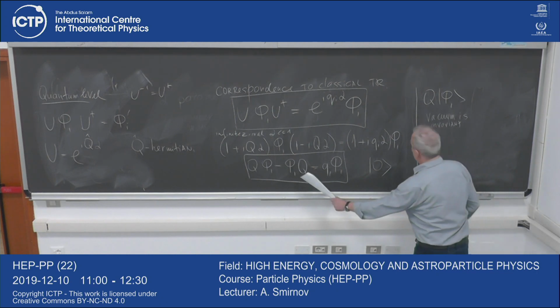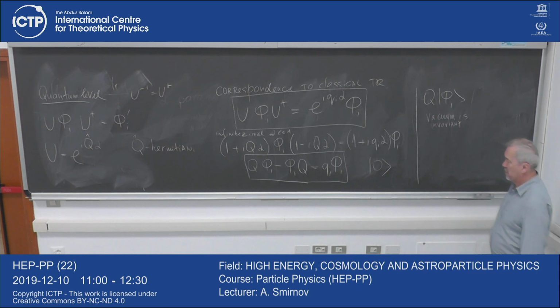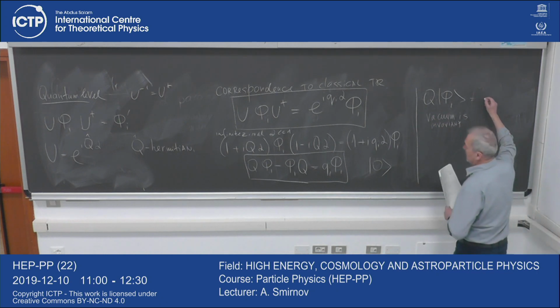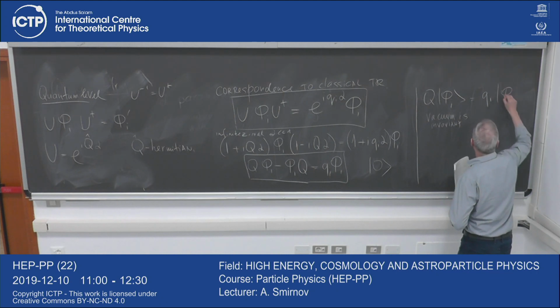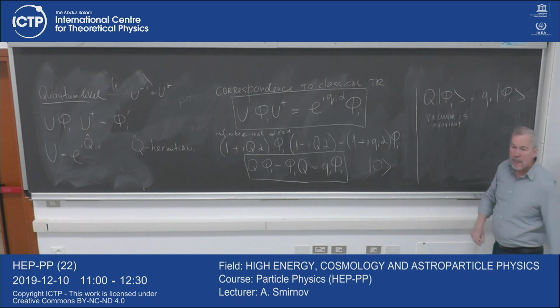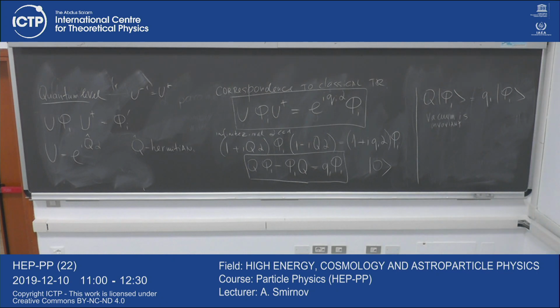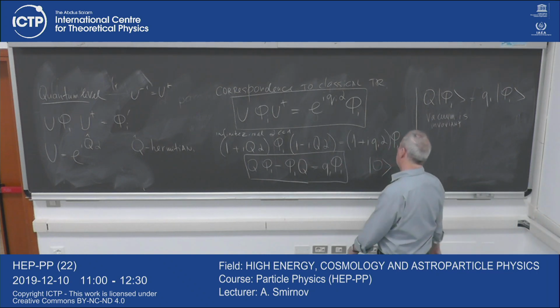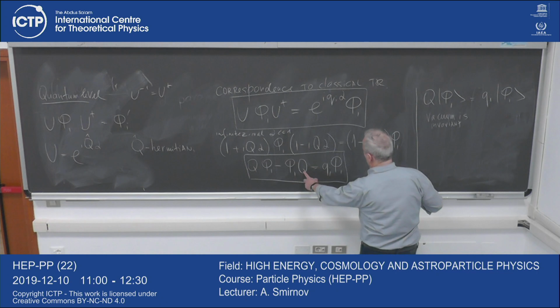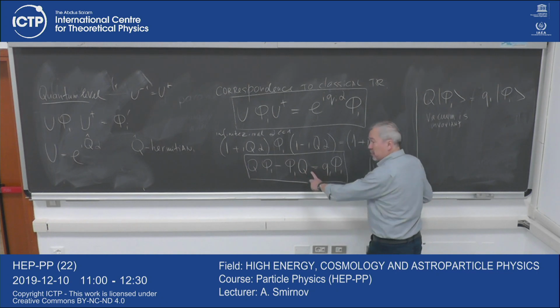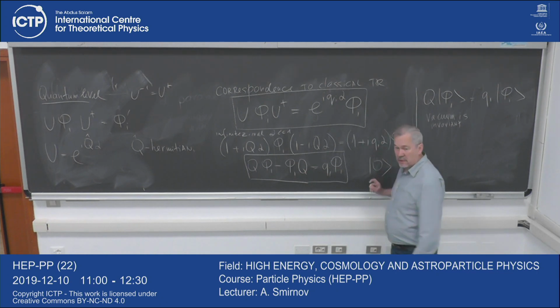So this is the only term which comes from the left-hand side, and on the right-hand side I have q_i phi_i. Agree? So I multiply from the right-hand side, acting by this equality onto the vacuum state. Then Q acting on the vacuum gives me 0.